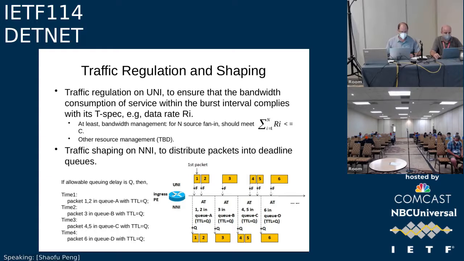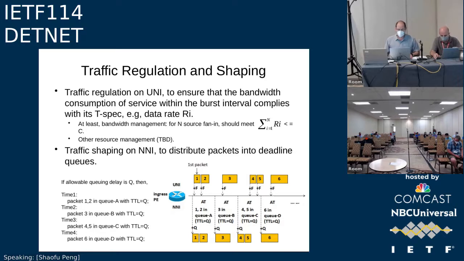So, traffic regulation and shaping. Traffic regulation on the UNI interface ensures that the bandwidth consumption of a service within the burst interval complies with its traffic specification, for example, data rate.